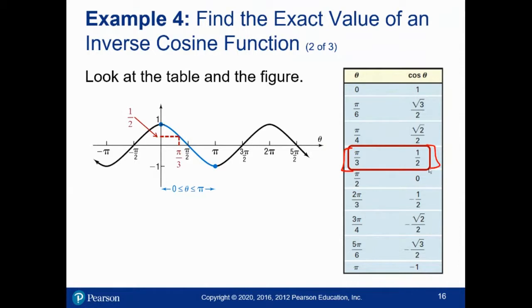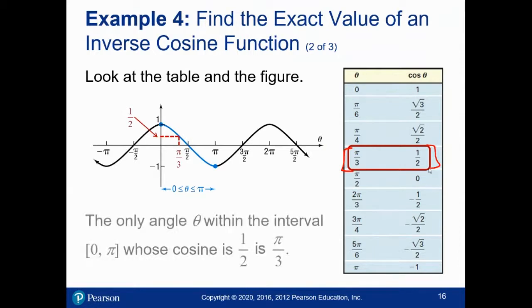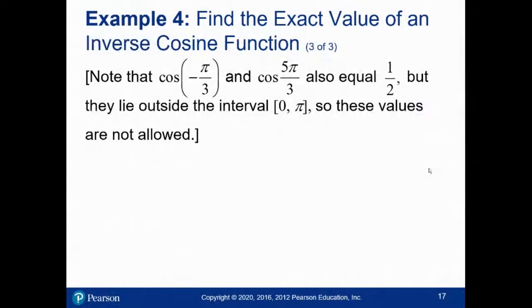There is the point of intersection. When the angle is pi/3, the cosine is 1/2, so that is the arc cosine of 1/2. It's the only angle in our restricted interval whose cosine is 1/2. Again, there are other angles whose cosine is 1/2, but there's only one angle in between 0 and pi whose cosine is 1/2.